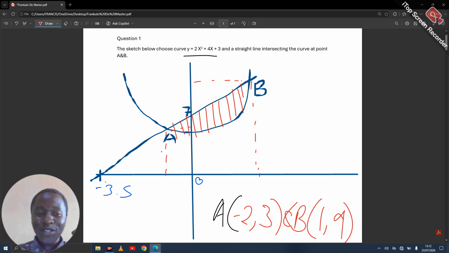Now, how do we get this? You must subtract. So we are subtracting the line from the function, or the function from the line.